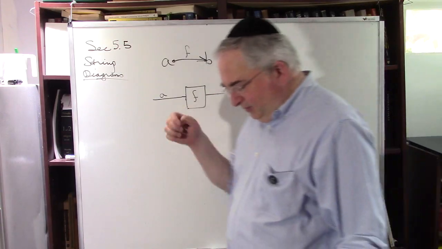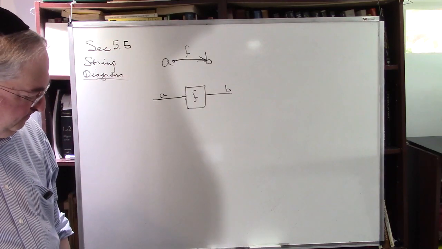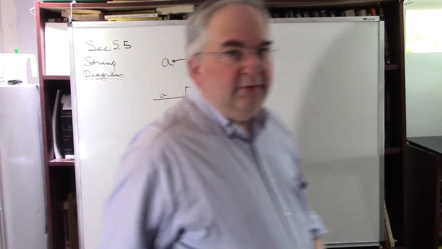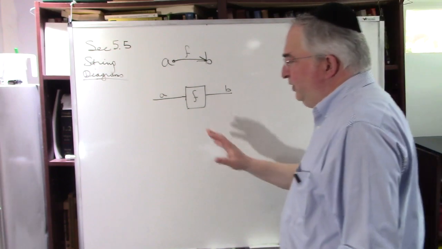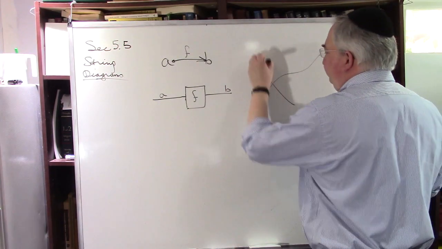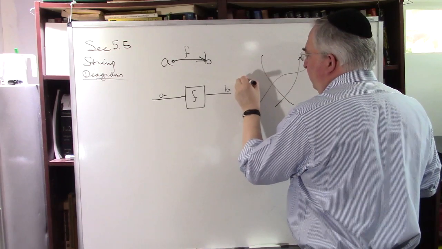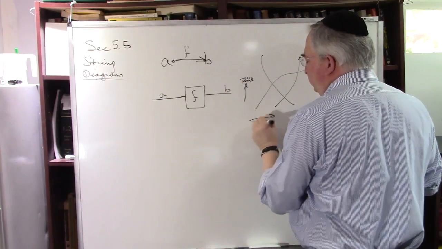I just want to say something not really to do with monoidal categories, but to do with physics, namely Feynman diagrams. Again, we have time going this way, we have space going this way.